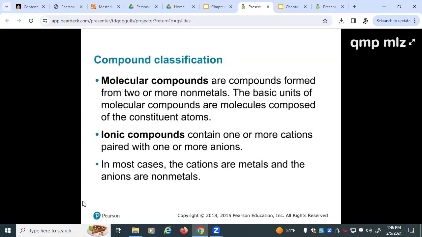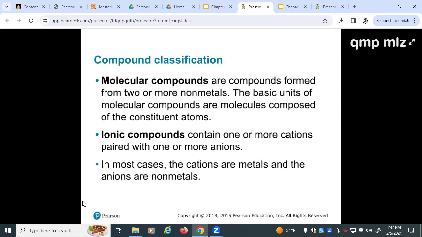When nonmetals come together, they tend to form molecular compounds instead. One of the things that we will start to focus on starting on Wednesday is that if I am given a compound formula, I should be able to slot it pretty easily into one of these two subcategories based upon what is in it.